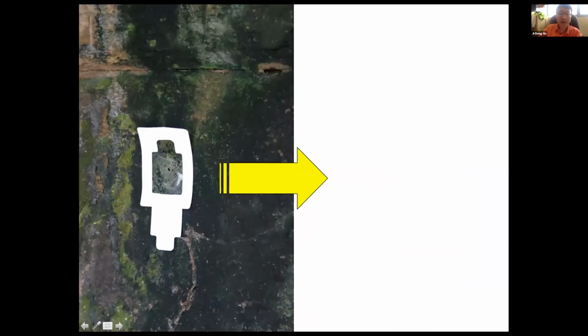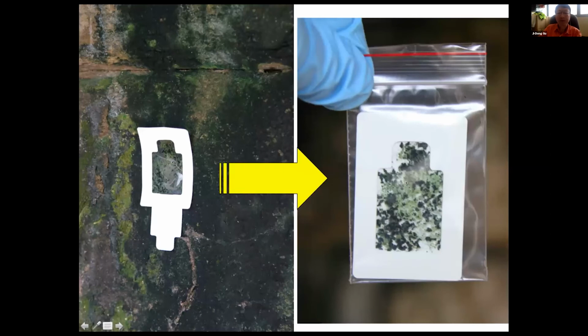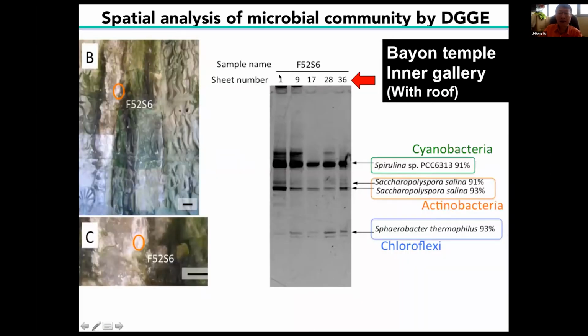So initially, this is the sample we take, and then we analyze. And here we look at one particular site over here. We take 36 samples, and over time, we will be able to analyze the DNA in the samples. We see dynamic change of different microbes over the depth, because the first one is the outer surface, and as we go into higher and higher numbers, that means into the deeper part of the biofilm, you can see that cyanobacteria was high in the outer surface.